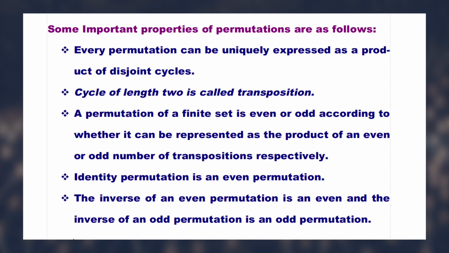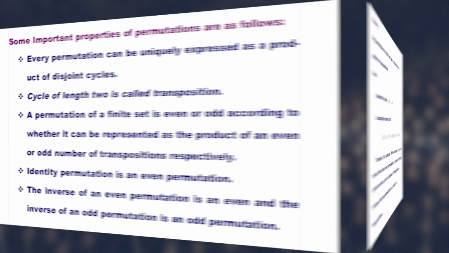A permutation of a finite set is even or odd according to whether it can be represented as the product of an even or odd number of transpositions respectively. The identity permutation is an even permutation. The inverse of an even permutation is even, and the inverse of an odd permutation is an odd permutation.